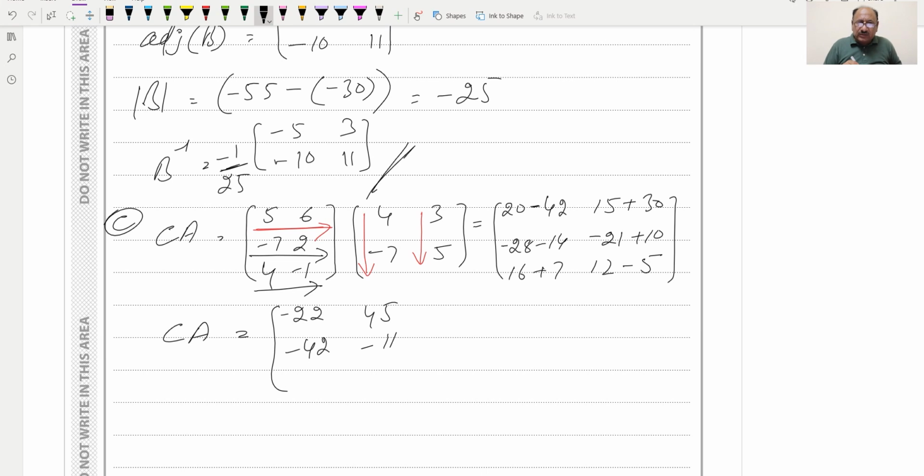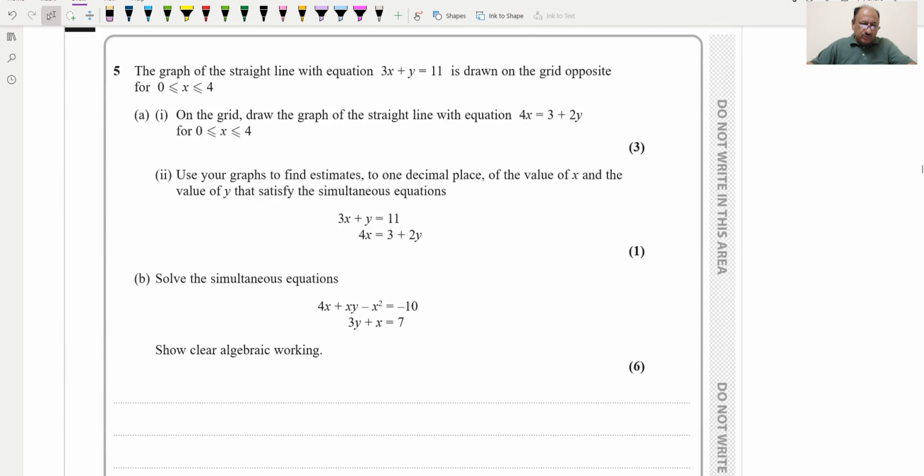Next will be 16 plus 7 will be 23, and this will be 7, and this will be our final answer for this C part. Hopefully you understood this. Now we can move to the next question.